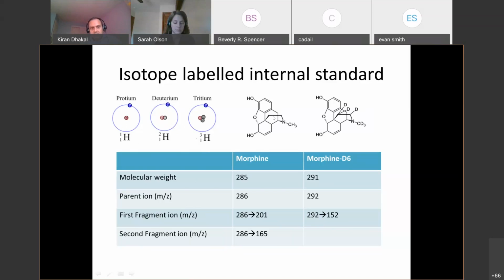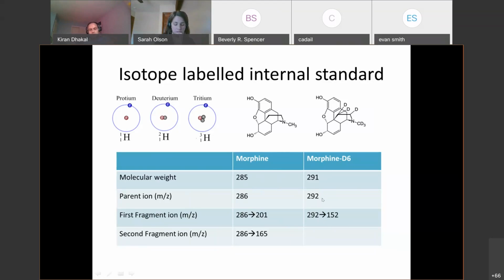So when we replace the protium from the morphine molecule with deuterium, another isotope of hydrogen, the mass changes. Each replacement adds one mass unit, so if you replace 6, then 285 plus 6 is 291. Morphine forms the parent ion at 286, and the morphine-D6 forms 292.